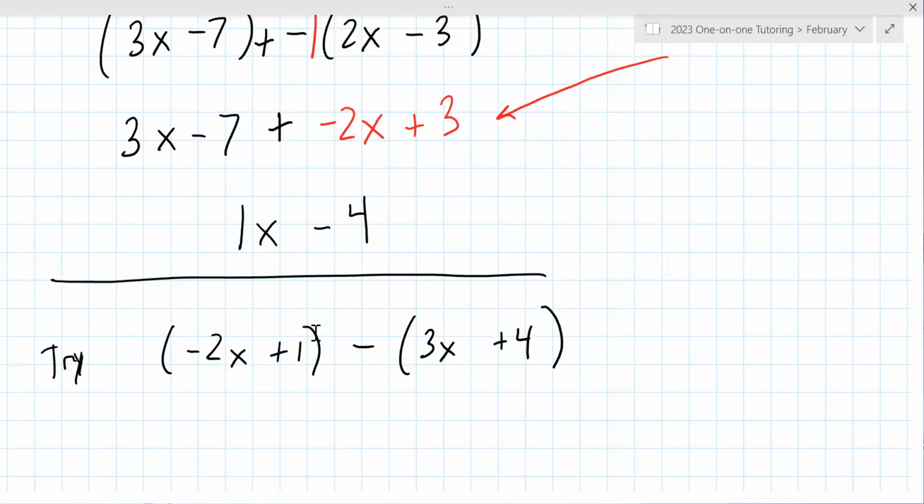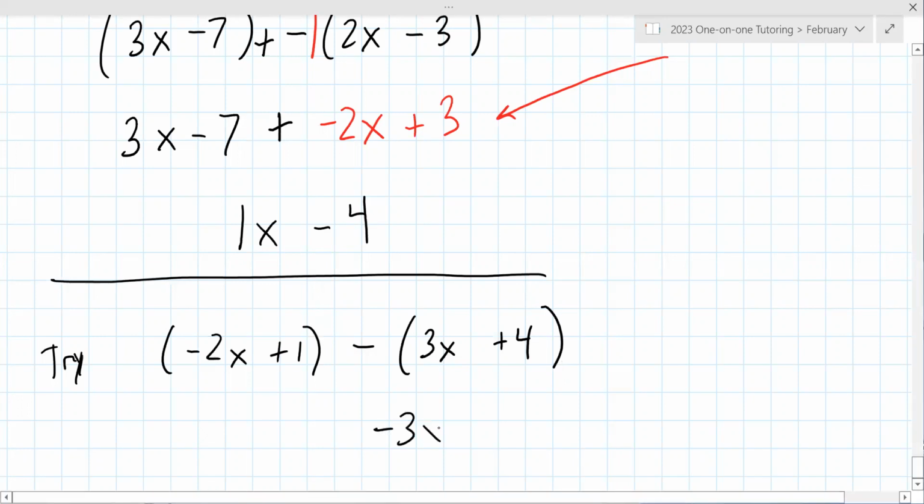-2x plus 4, and down plus -3. No, wait. That's -3x, -4. Right? You make them both negative? That's right. You change the sign of both.